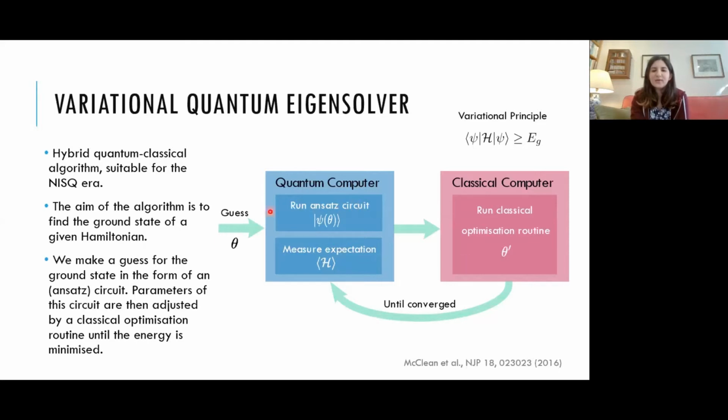I'll talk more about what these circuits look like later. We adjust parameters in this circuit by a classical optimization routine, and we carry on until we've reached a minimum value for the expectation. This works on the variational principle, which states that the expectation of any state is bigger than the ground energy.